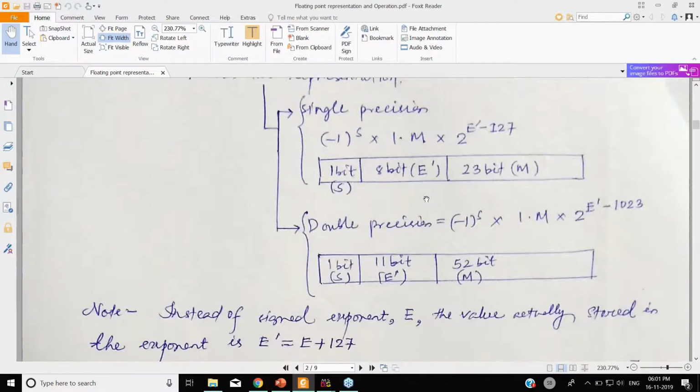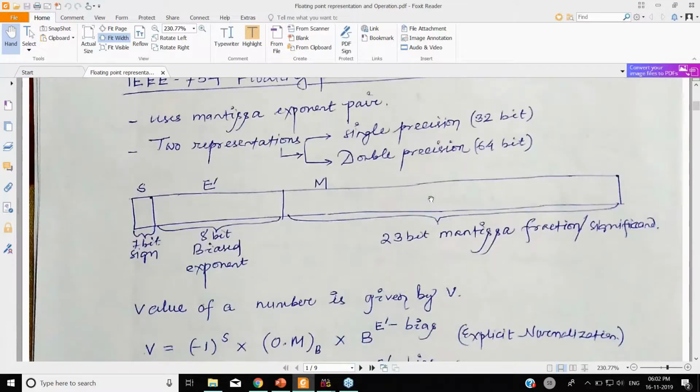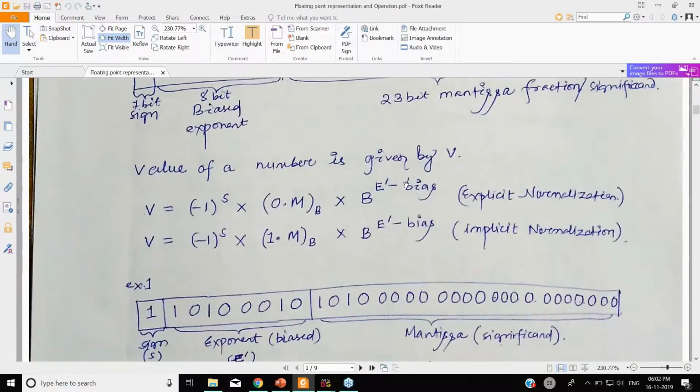So we'll look at that. Although it has two different types of representation specified by IEEE, the implicit format is usually in practice. What is implicit and explicit normalization format? Look at this.